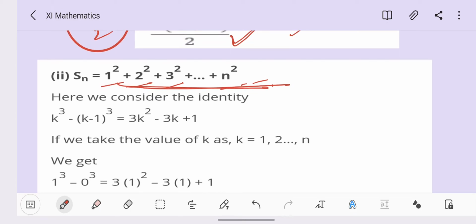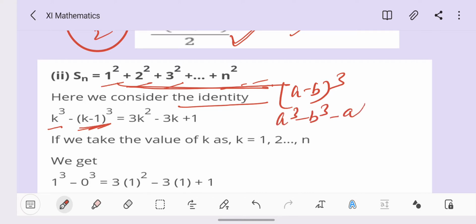For finding the sum of the squares of natural numbers, we need to use the identity k cube minus k minus 1 whole cube. Here, for k minus 1 whole cube, they have used the formula of a minus b whole cube, that is a cube minus b cube minus 3ab into a minus b.